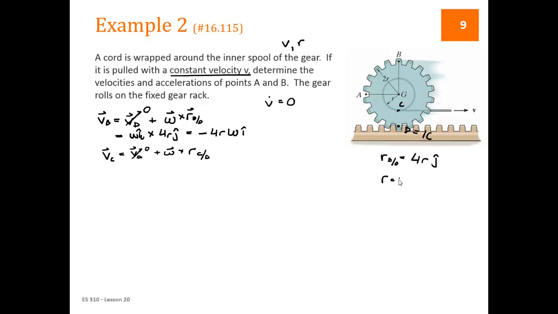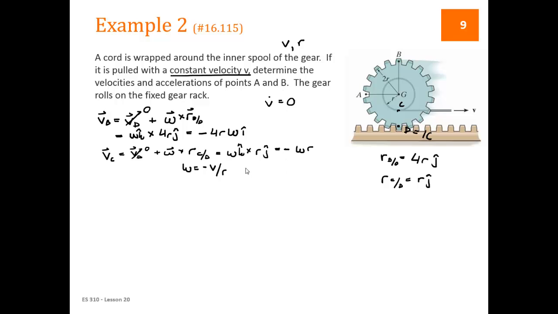Now R of C relative to D, D to C, is just 1R in the positive J hat direction. So this then is equal to omega in the K hat direction crossed with R in the J hat direction. Positive K to positive J gives negative I, so this is going to equal negative omega R. So omega is equal to negative V over R.